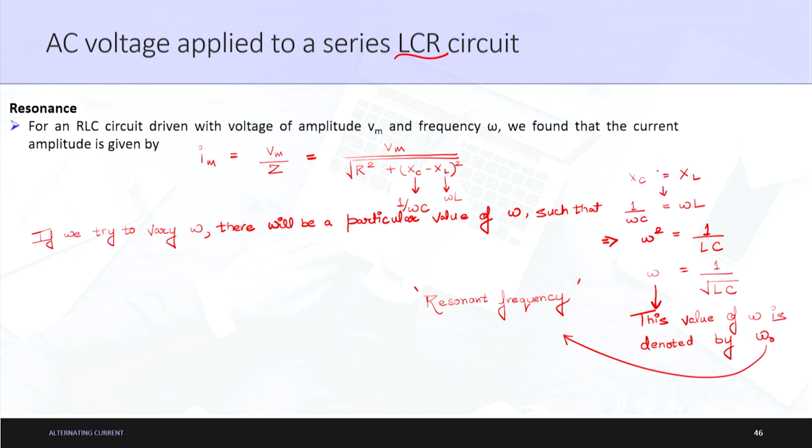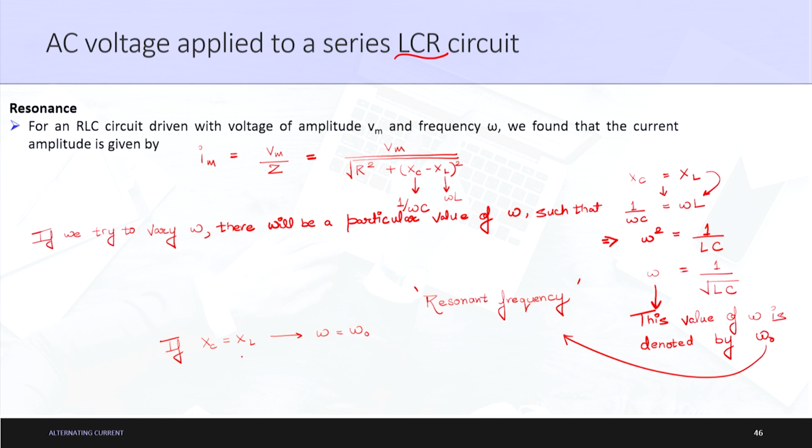Now, if Xc is equal to XL, let us write the value of Im here. If Xc is equal to XL, that means omega is equal to omega naught, correct, because that is what we calculated. From Xc equal to XL we got omega equal to 1 upon root LC, and we denote this as omega naught.